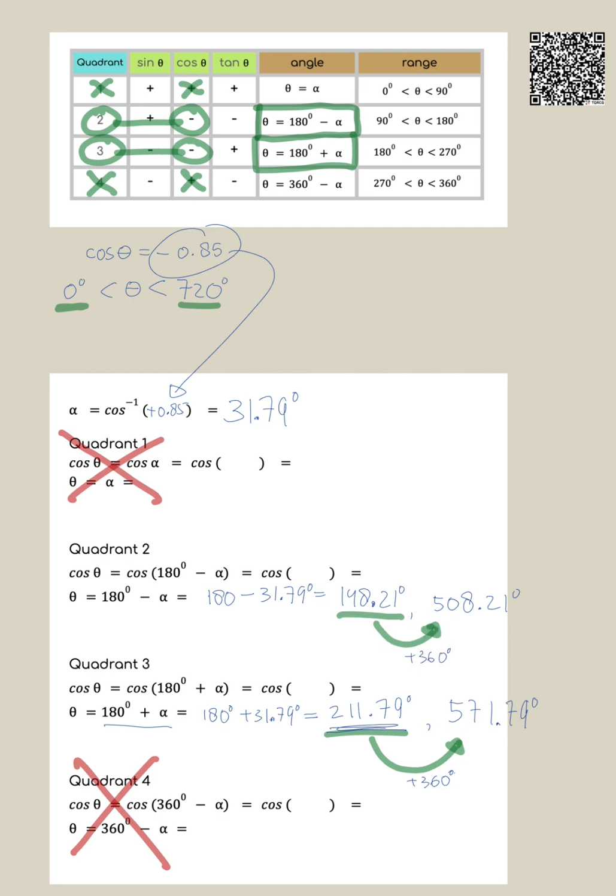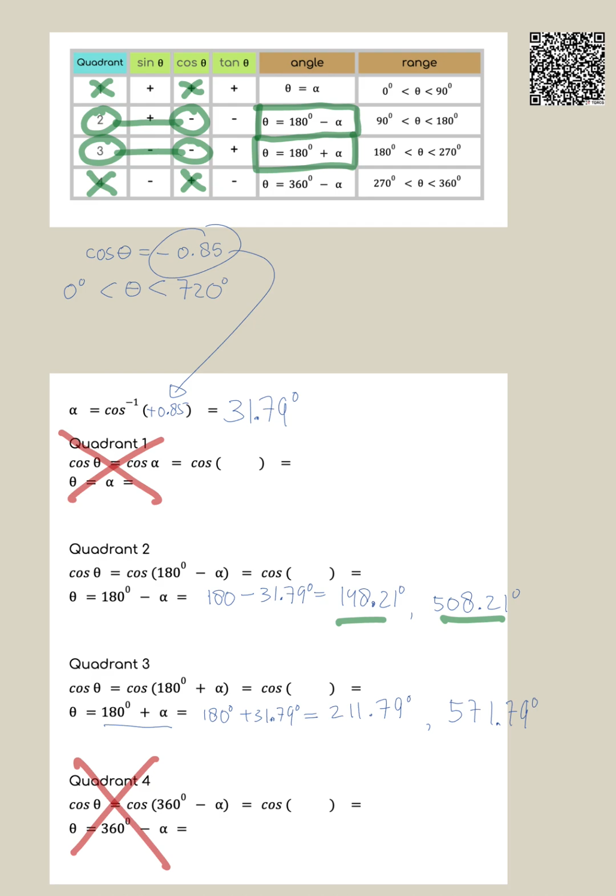Another thing here, you can also check our answer. We can press this one by one. We are supposed to get negative 0.85 if we do cosine of all these. So we try one by one. Cosine 148.21, you get negative 0.84998, so it's effectively negative 0.85. How about cosine 508.21?